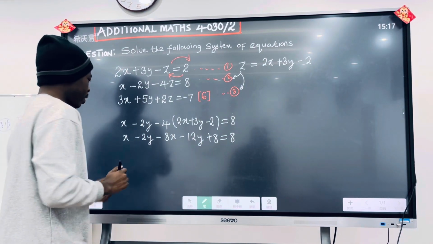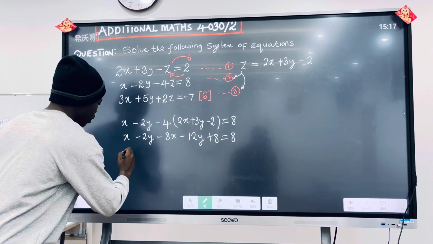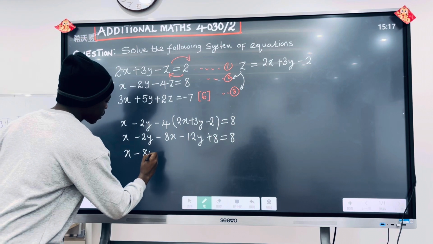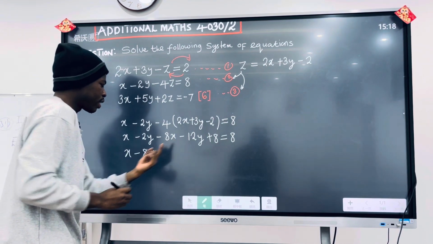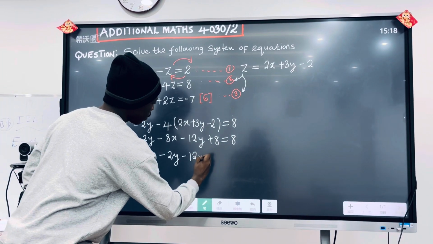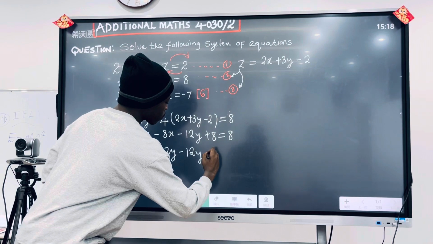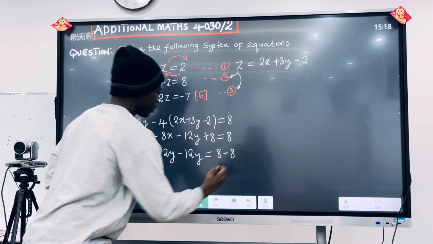So I can simplify this. I just collect the like terms here. So x minus 8x. Negative 2y minus 12y. You can clearly see that 8 will cross the equal sign there, becomes negative, so equals 8 minus 8.